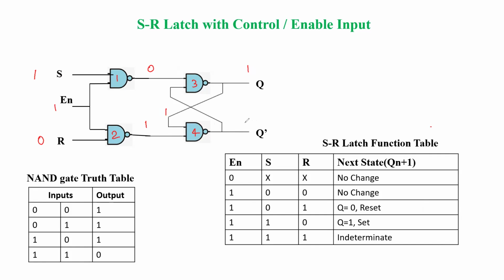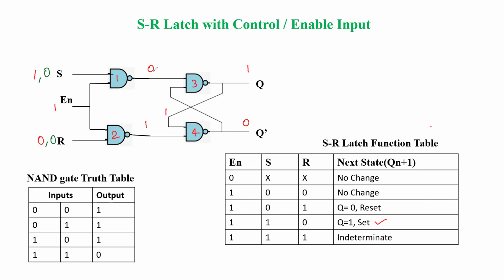What will be the output of NAND gate 4? That is 0. So since Q is 1, Q dash is 0. Finally, this condition is called set. Now if it is set, we are going to make S as 0 and R as 0.